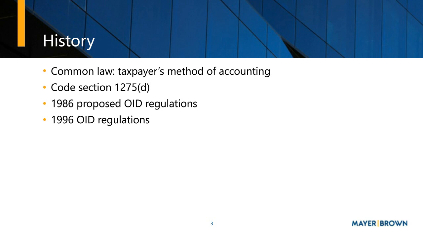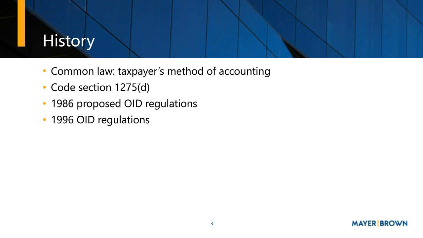Before any IRS issuance of regulations in this area, issuers and holders who looked at notes with contingent features, which is part of the definition of structured notes, were left with their normal methods of accounting. Those are the cash method of accounting or the accrual method of accounting. And so someone who bought a structured note way back when did not have any regulations to look to.